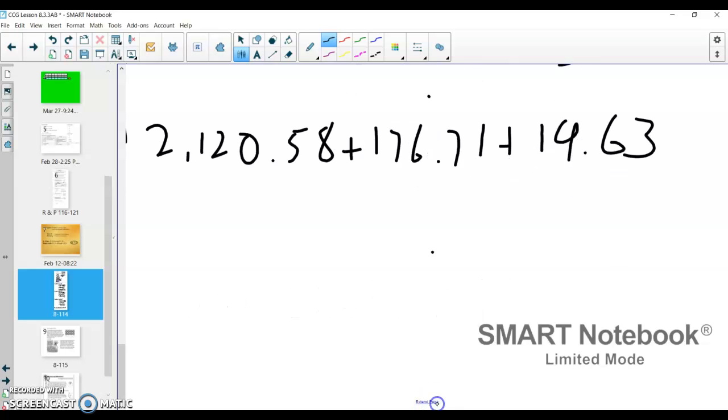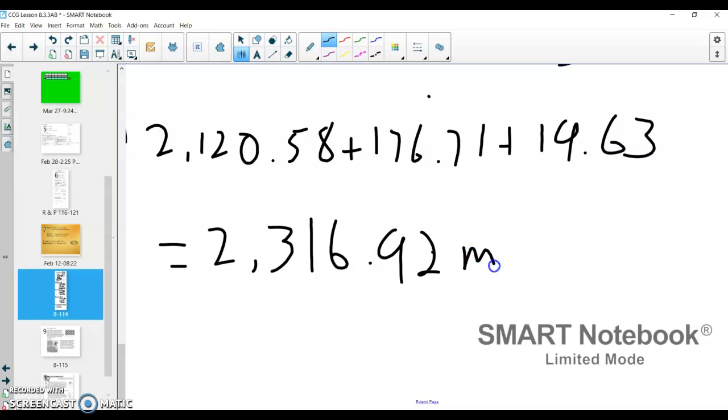I'll do it on my calculator so I don't make any mistakes. 2,120.58 plus 176.71 plus 19.63 gives me a final answer of 2,316.92 meters squared.